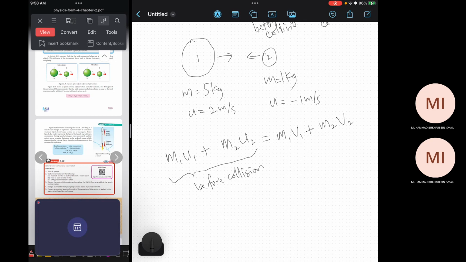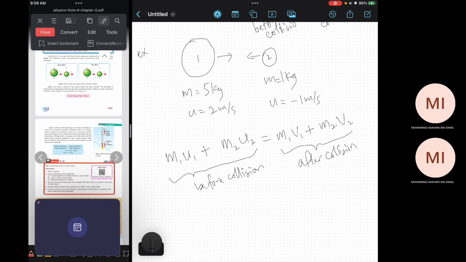Okay, dah faham? Okay, yang ni apa? Yang ni after collision lah. After collision. Yang ni after collision.